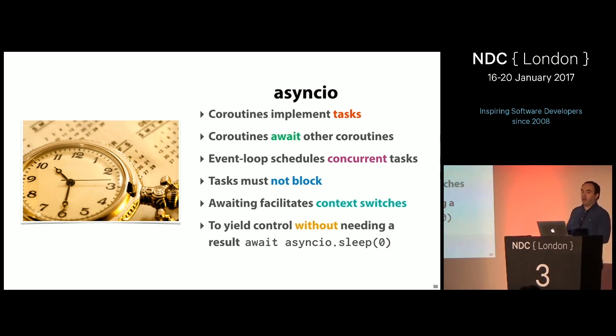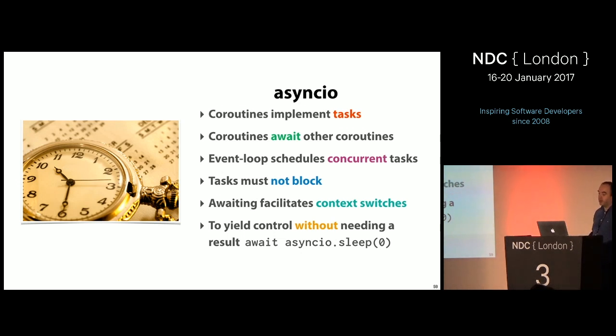By awaiting another coroutine, you facilitate a context switch. Every time you use await, that is an opportunity for the scheduler to run another task. They might decide to run your task again, especially if it's the only task. But that is the opportunity for the scheduler, the event loop, to intervene.